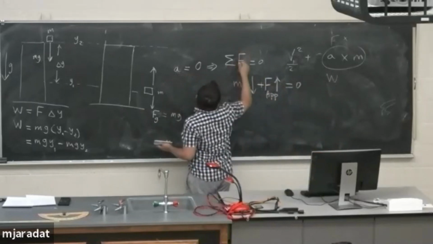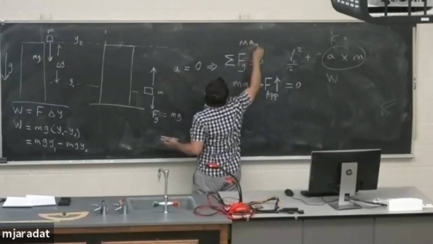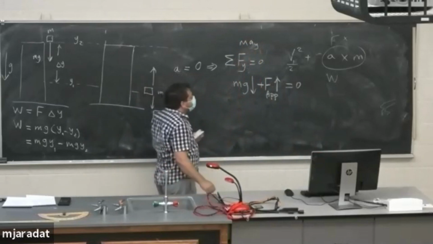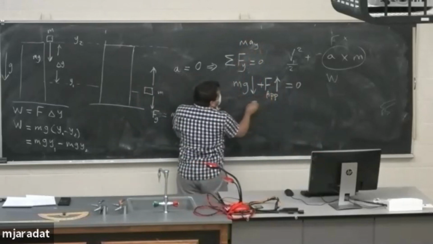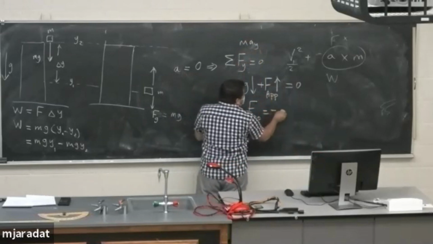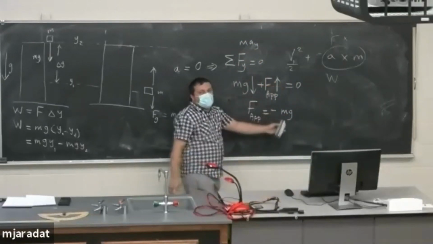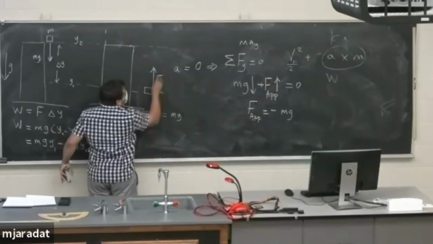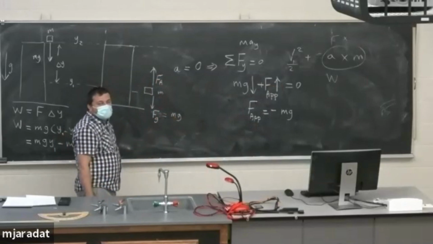Why? Because Fy is equal to ma in the y direction, as Newton's second law. In this case, the applied force is equal to minus of the negative mg, because if I move this to the opposite side, it will be negative. So the applied force should be equal to mg.